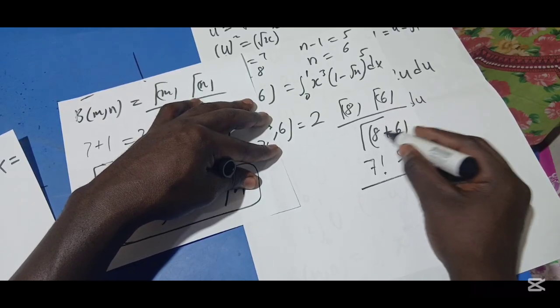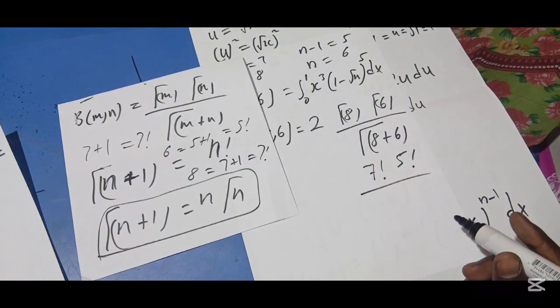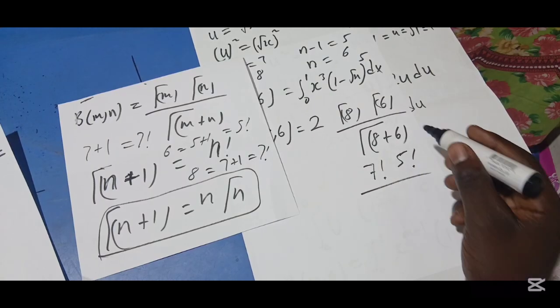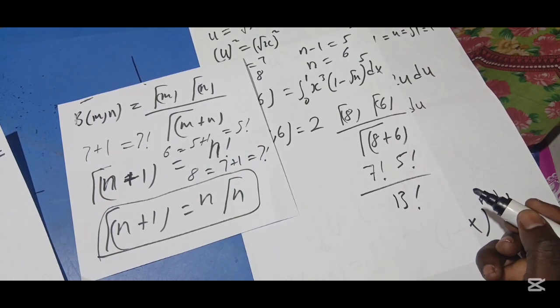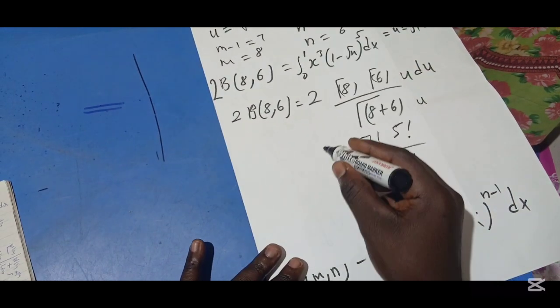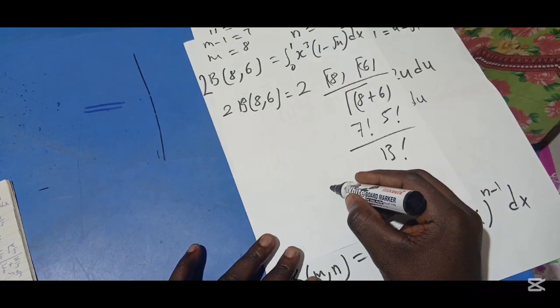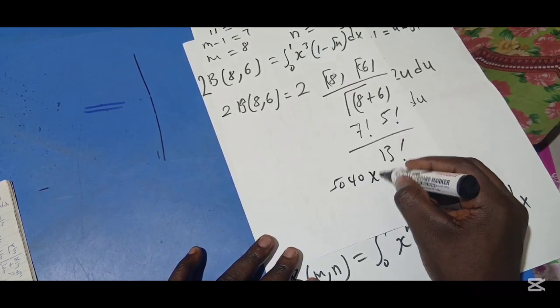All over this whole term will give us 14. So 14, we express as 13 plus 1, and this whole thing will give us 13 factorial. So 7 factorial will give us 5040, and 5 factorial gives us 120.